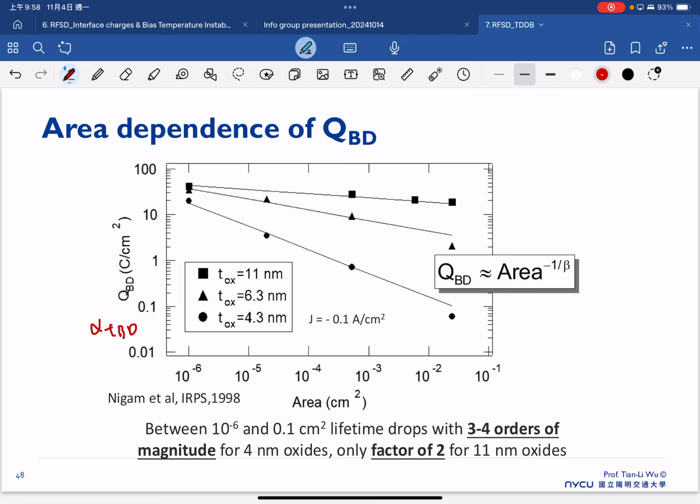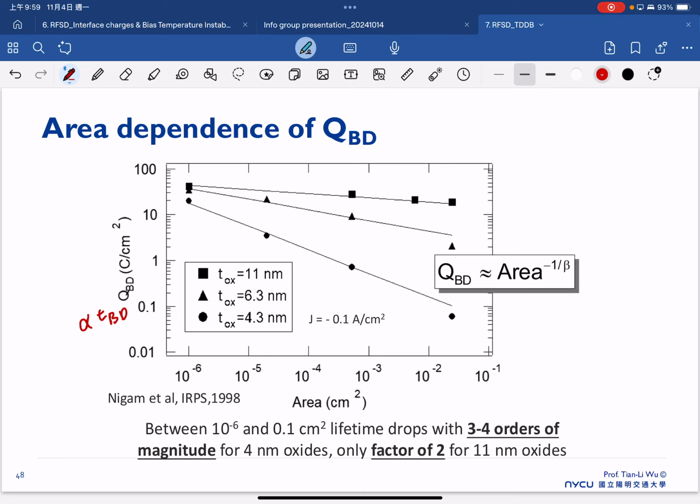So we can consider these are more or less similar figures of merit to evaluate the TDDB issue. But in the past, we used QBD because our dielectric was very thick. But once we move to the thinner dielectric, we need to use the TBD as a figure of merit.